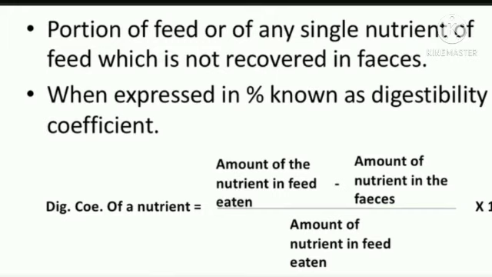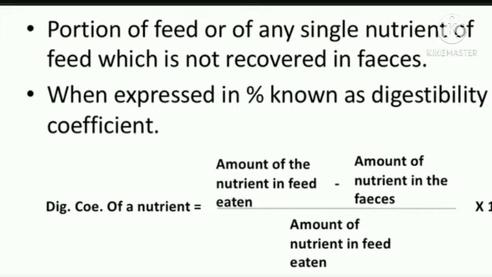Now about digestibility. Digestibility is the portion of feed, or of any single nutrient of feed, which is not recovered in the feces. We can say it is the amount of feed which is retained in the body. The amount of feed which is retained in the body is the digestible portion of that feed or particular nutrient.